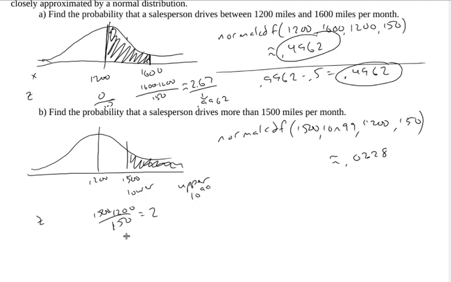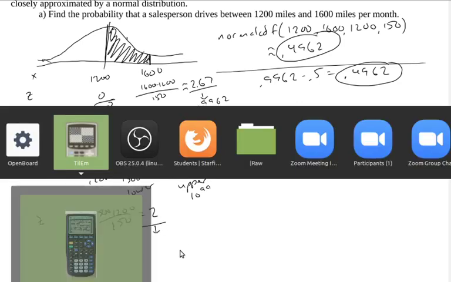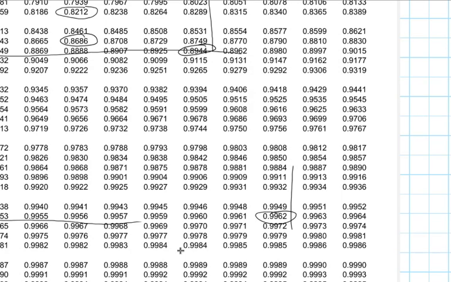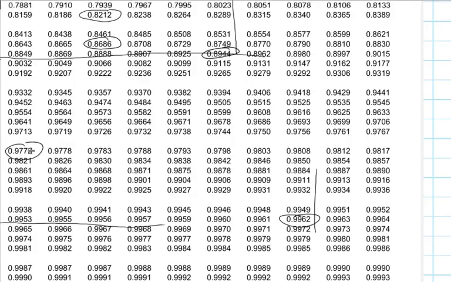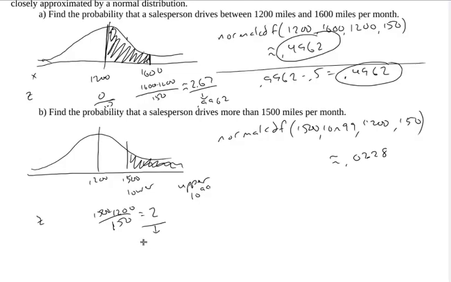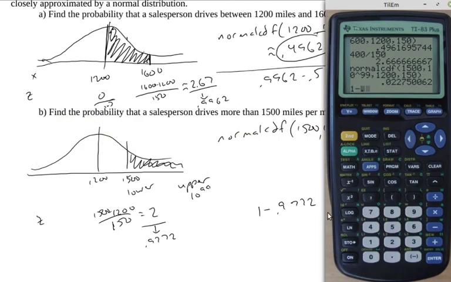Now I want to look up the area to the left of z equals 2 in the chart. It's 2.00, and the value is 0.9772. This is the area to the left. So to find the area to the right, I use the complement rule: 1 minus 0.9772 gives us 0.0228.